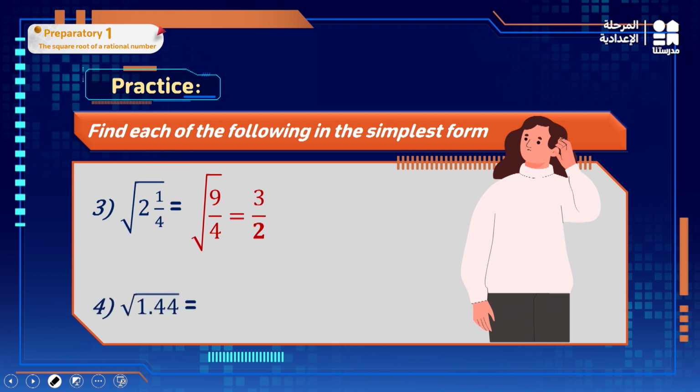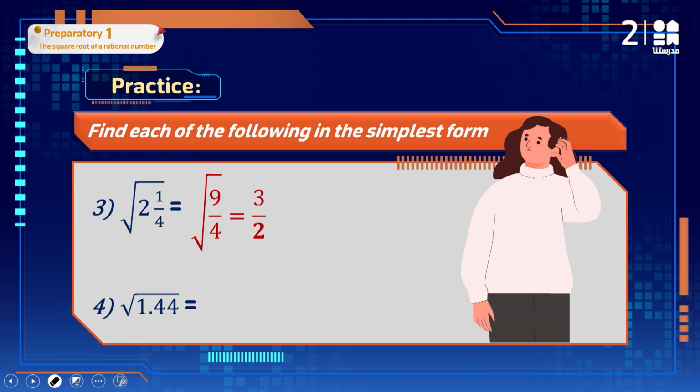What about number 4? The square root of 1.44. Here I need you to focus on the mixed number and decimal. When you have a mixed number like question 3, we have to rewrite it as an improper fraction by multiplying the denominator by the whole, then adding the numerator. 4 times 2 equals 8 plus 1 equals 9 over 4.